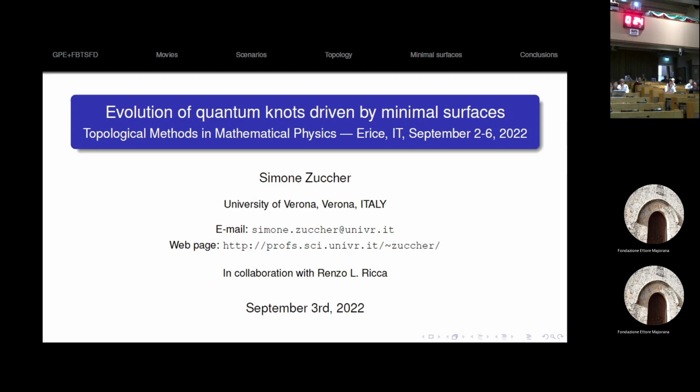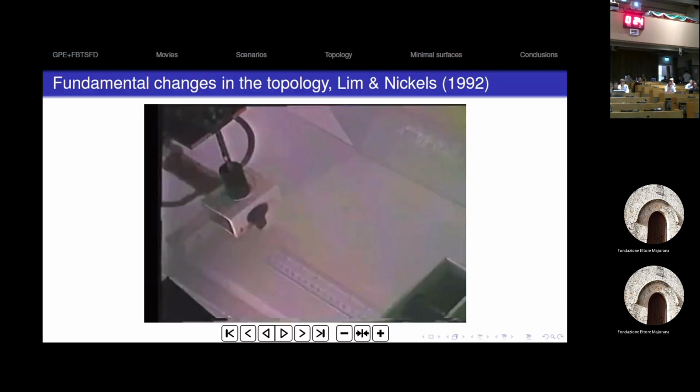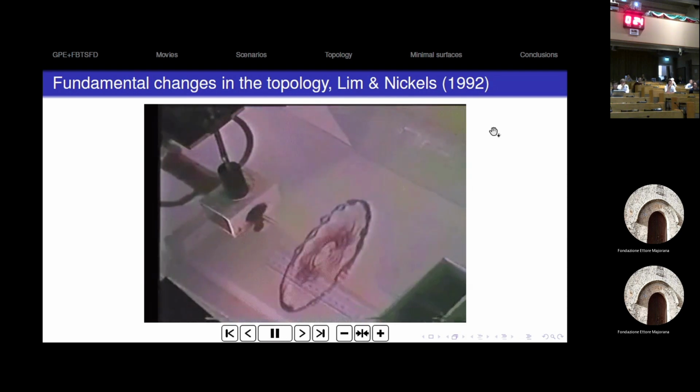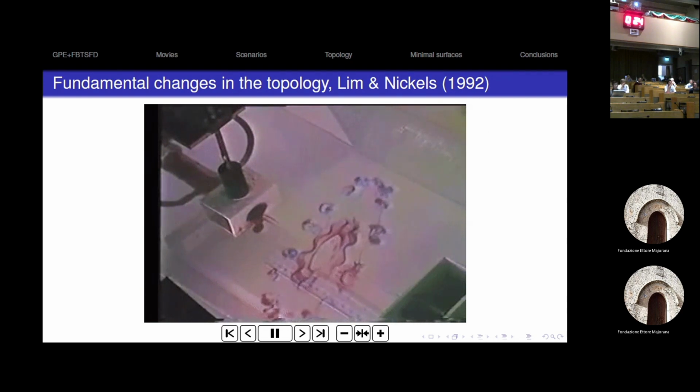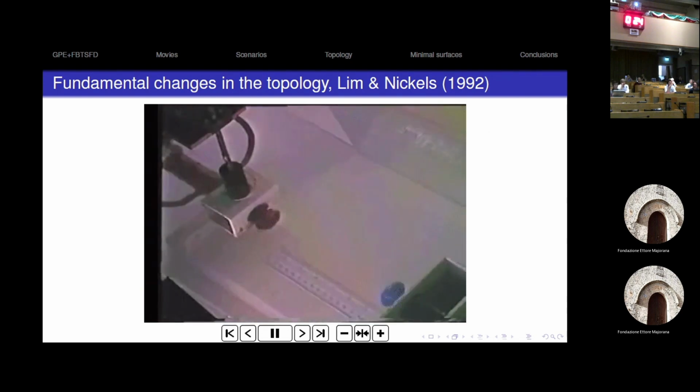So we'll be talking about the evolution of quantum knots driven by minimal surfaces. And I'd like to start with a movie of a work of 30 years ago. So this is water, and as you saw, there are two rings.